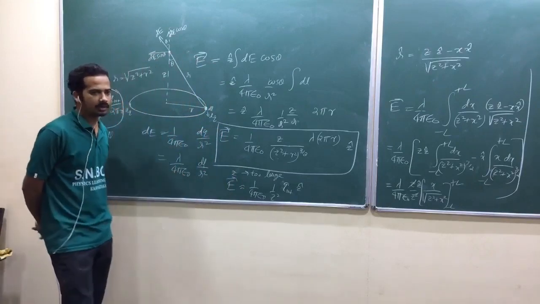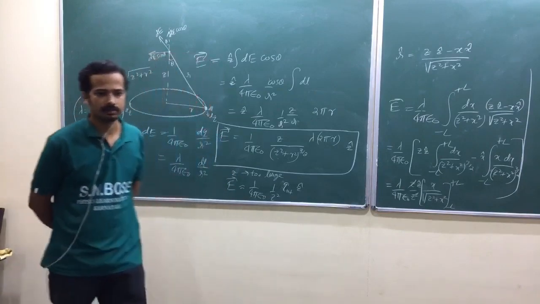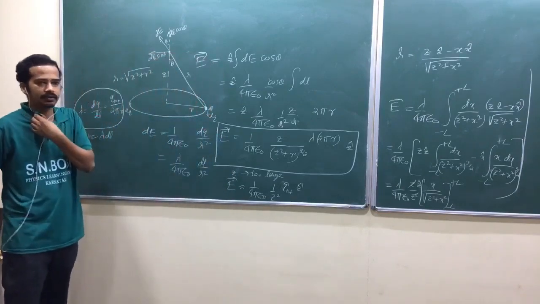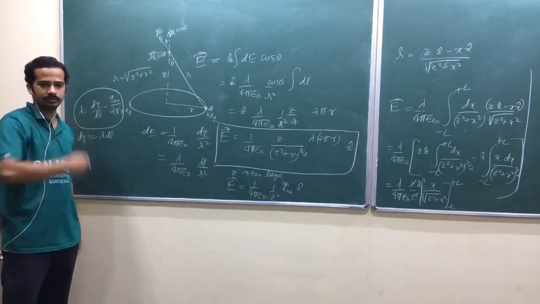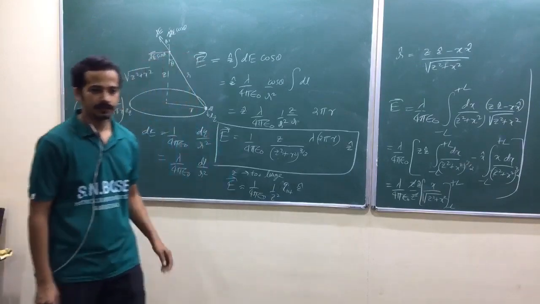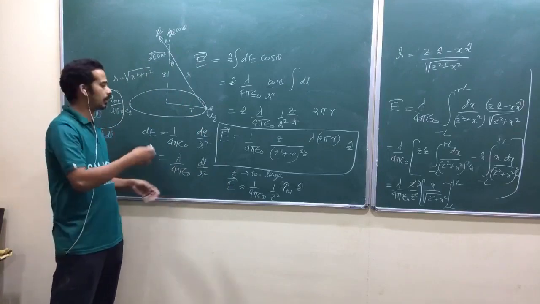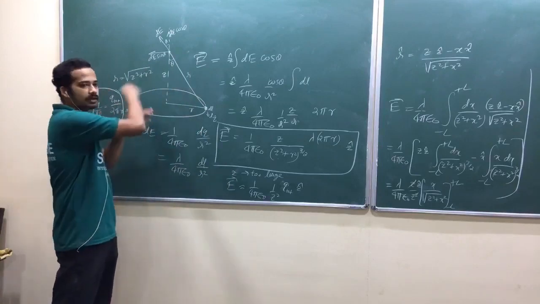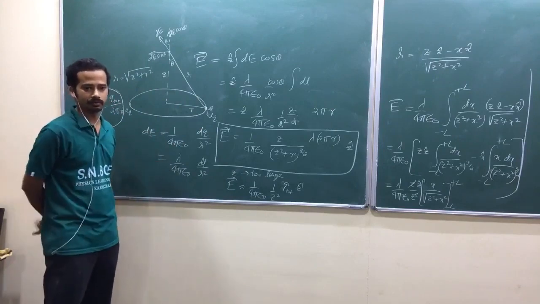Now, if you are taking point charges, then you have to take summation, isn't it? There is no reason to go for integration. Integration is only for continuous distribution of charge. Electric field will change, am I right? This electric field is for continuous charge distribution. Whether you put 100 charges on the circle or 50 charges, that's left to you, isn't it?